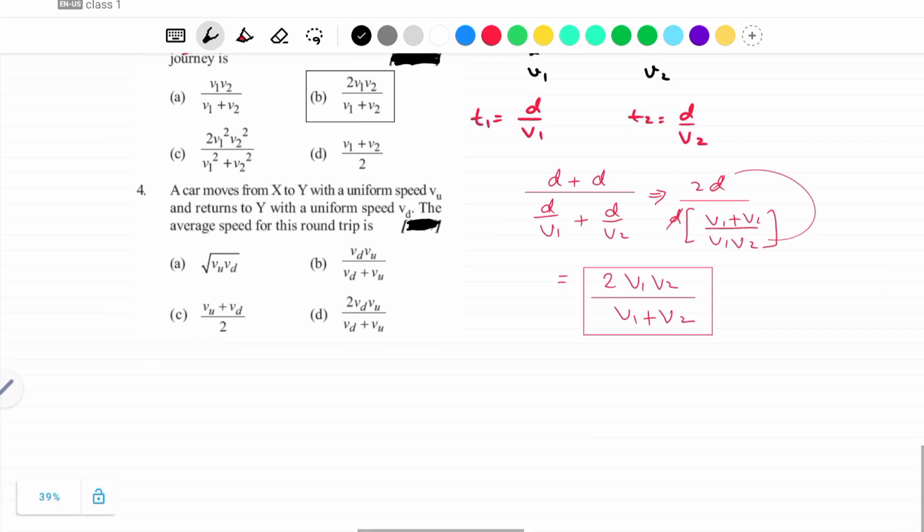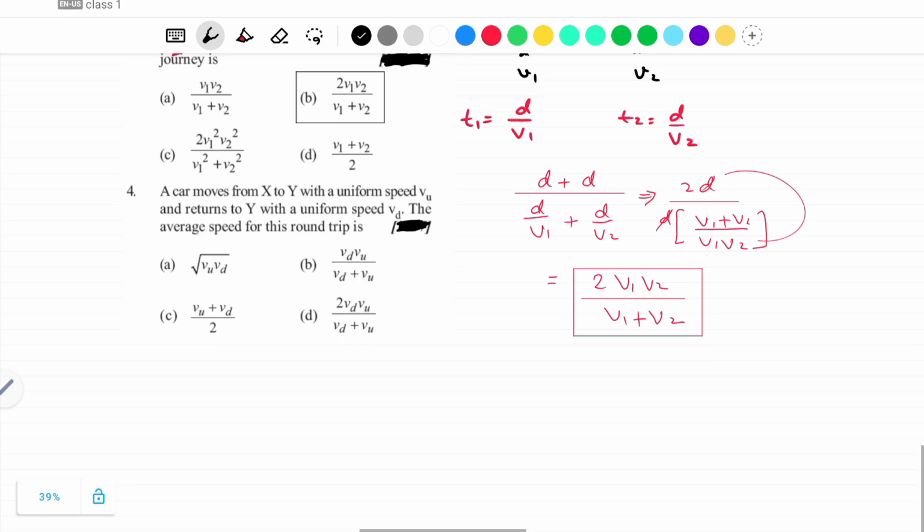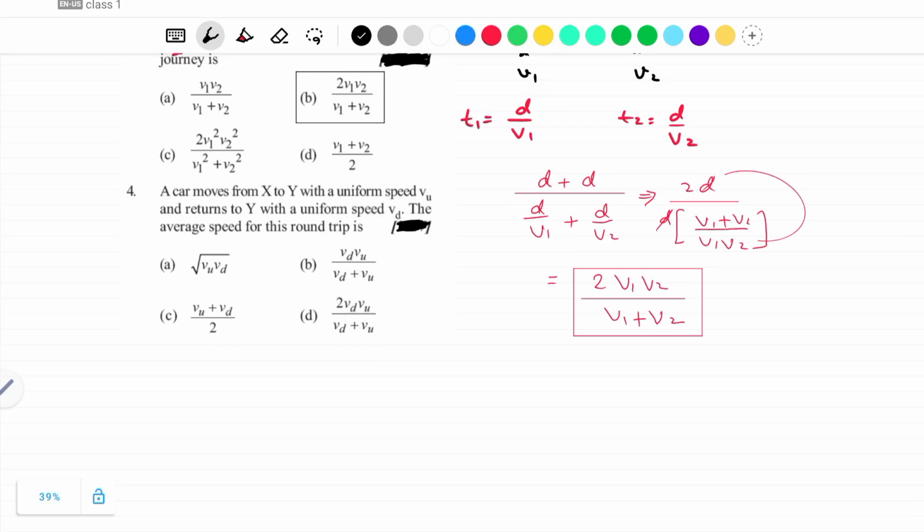Now we will solve the fourth problem. So what does it say? It says that a car moves from x to y with a uniform speed Vu and returns to y with a uniform speed Vd. They are asking us the average speed. So again, whenever we have such problems, I suggest you always draw a line.